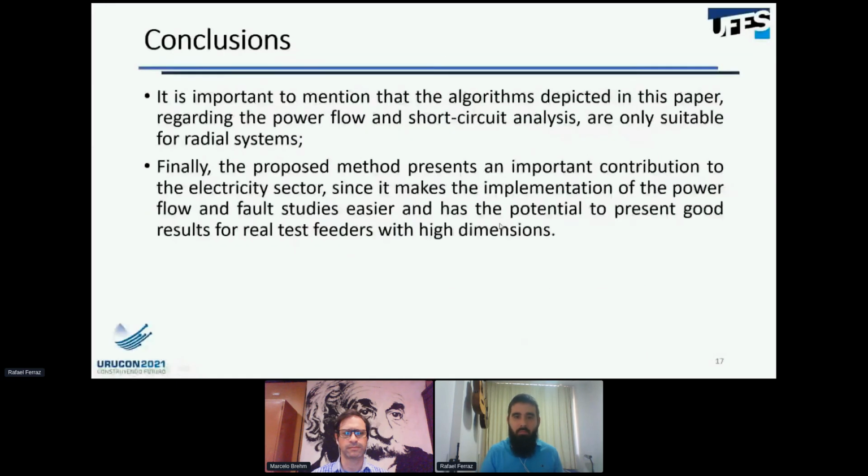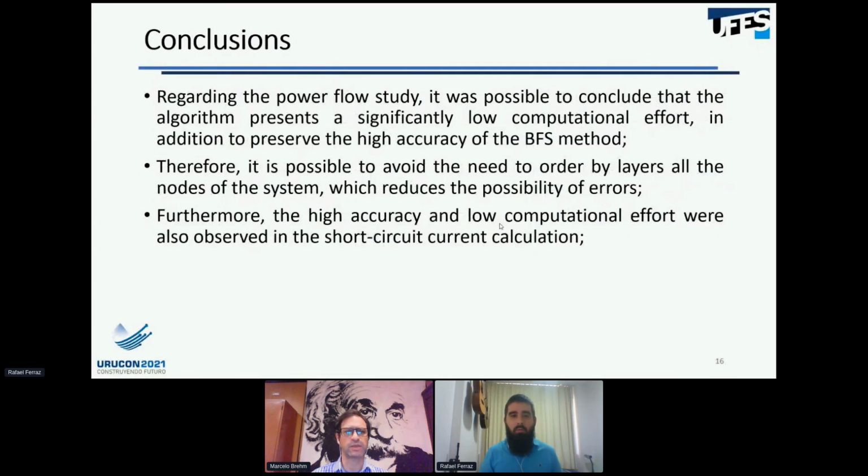Is it possible to see again the slide before the last one of your presentation? Which one? Before the previous. Okay, yes.